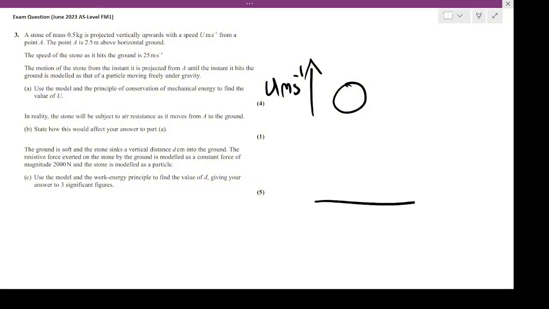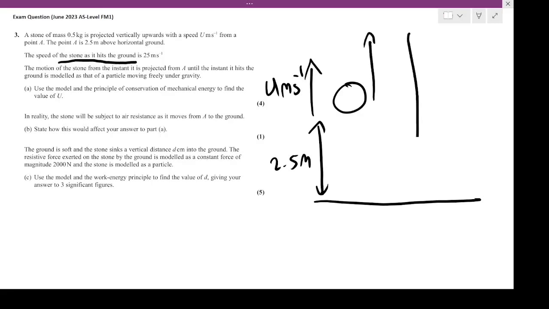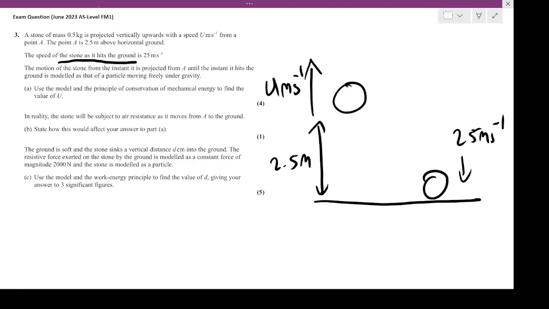So we have a ground, and the height above this ground here is 2.5 meters. Then I'm told the speed of the stone as it hits the ground is 25. So obviously the stone will move up, and then it'll come back down to the ground. So when it hits the ground, the speed we're told is 25. And there we are. That's pretty much everything.